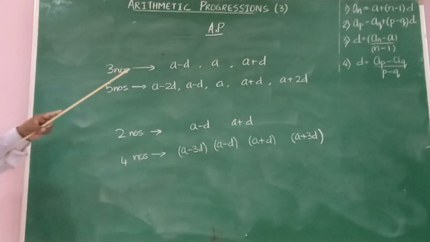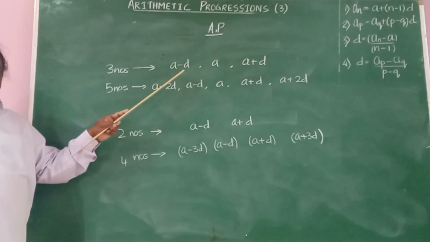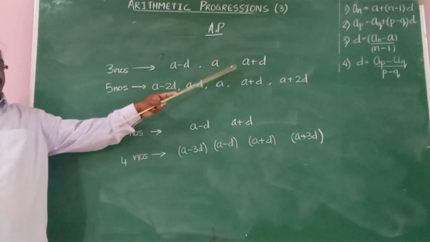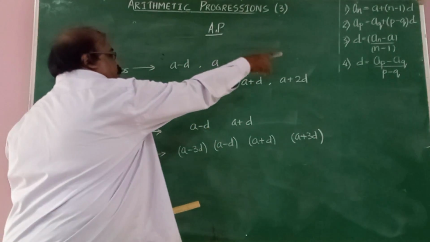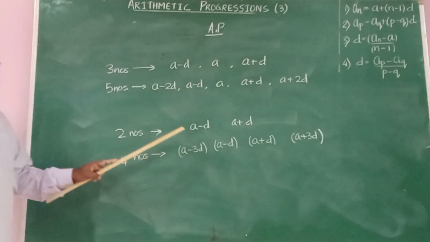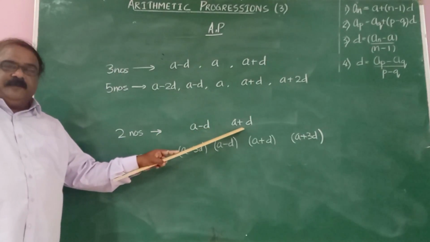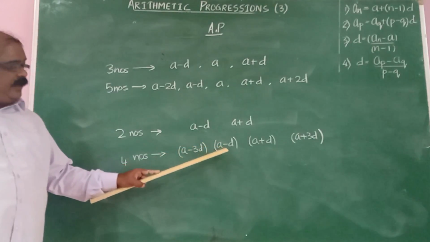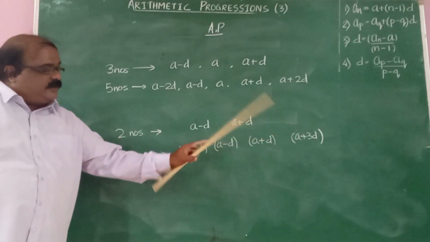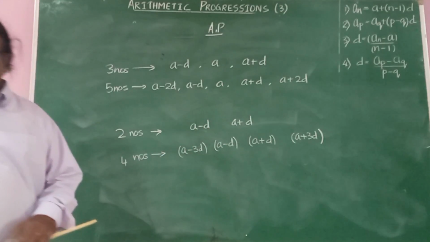Take a note of them. Whenever 3 numbers are in AP, A minus D, A, A plus D. For 5 numbers in AP, add one more term to the left, one more term to the right. If 2 numbers are in AP, A minus D, A plus D. If 4 numbers are in AP, A minus 3D, A minus D, A plus D and A plus 3D.